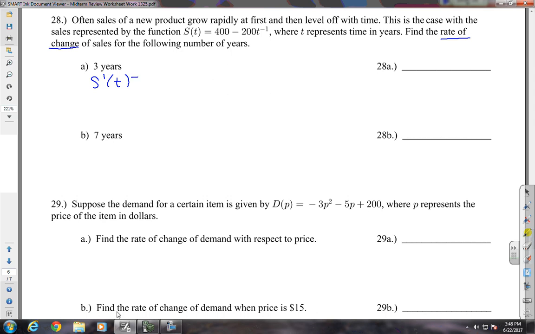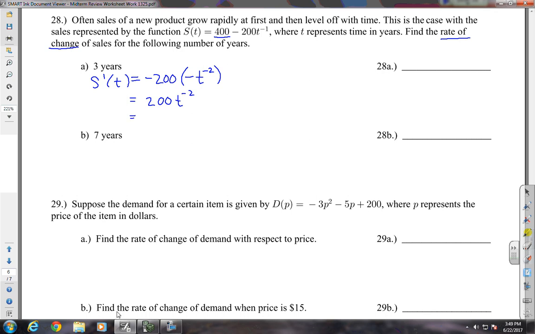Differentiating term by term, notice the first term in the function is a constant, so its derivative is 0. For the second term, we can apply the power rule, first filtering through our constant multiplier and applying the power rule to t to the negative 1. Our derivative becomes positive 200t to the negative 2.